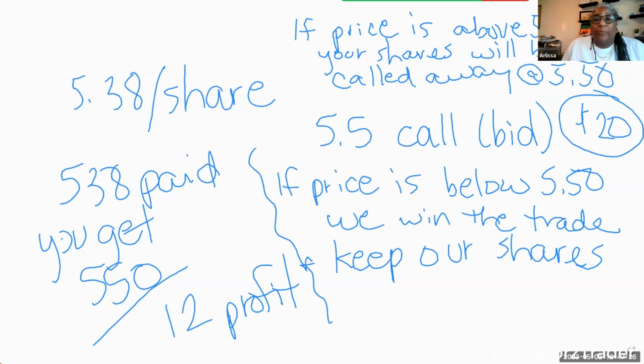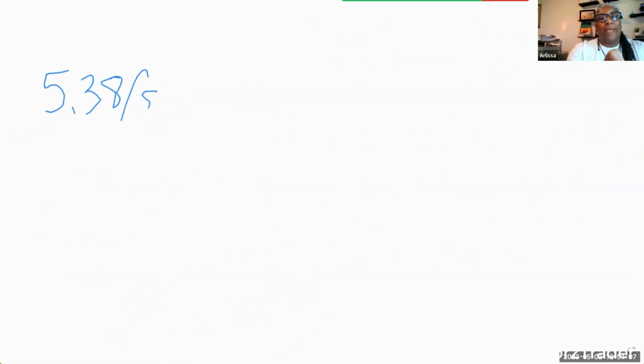You're keeping those. You won't have the shares anymore, but they've been called away at a price higher than what you paid for them, and the difference between those two is your money, and you keep the premiums that you collected. So let's say, for example, you paid $538 a share.